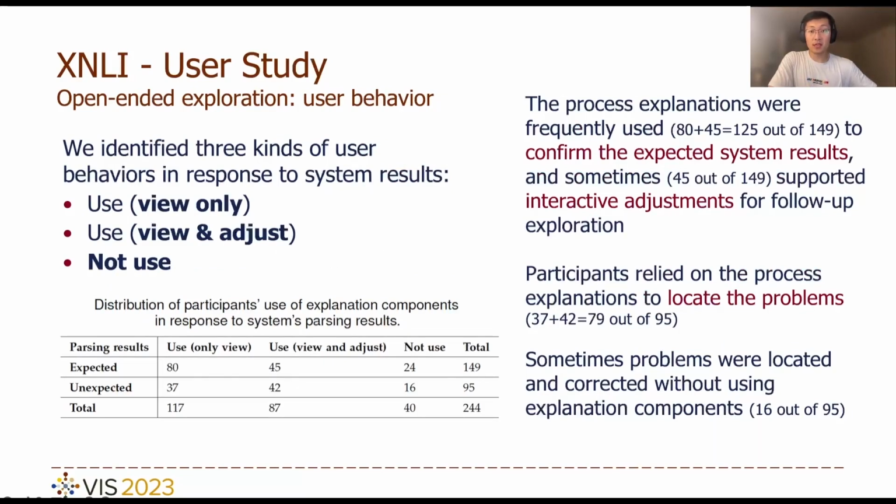The process explanations were frequently used to confirm the expected system results, and sometimes supported interactive adjustments for follow-up exploration. Participants rely on the process explanations to locate problems. Sometimes problems were located and corrected without using explanation components.